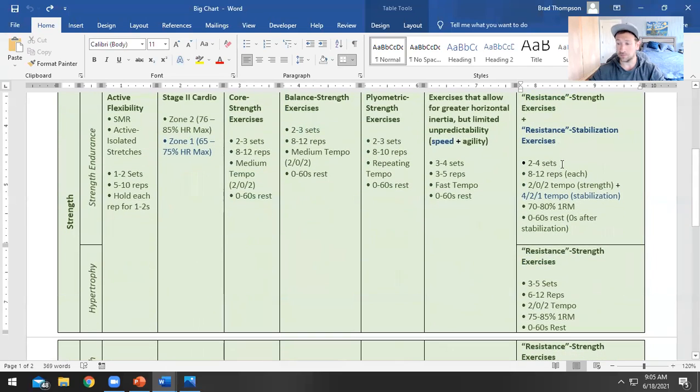Versus in the strength level, in terms of strength endurance, we're going to do 2 to 4 sets. And we're raising the sets up because our reps are dropping ever so slightly. So we're dropping down to 8 repetitions or 12 repetitions, right? And again, this is actually 16 to 24 if we think about it, because you're doing supersets in the strength endurance phase.